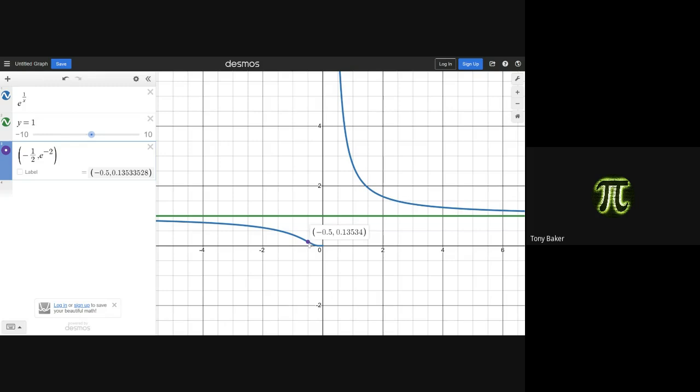At that point right there, it switches concavity. So this is concave down, and that's concave up.